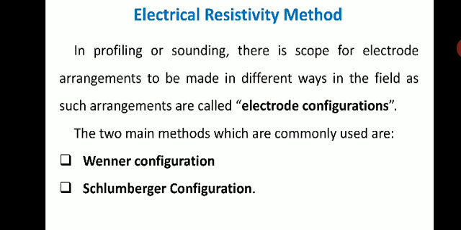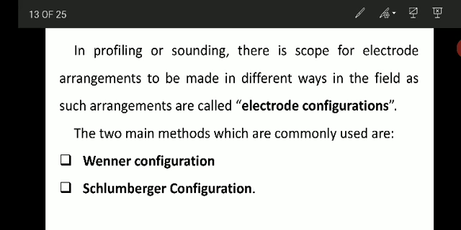Next, whether in profiling or sounding, whichever method we are using, there is scope for electrode arrangements to be made in different ways in the field. Such arrangements are called electrode configuration.